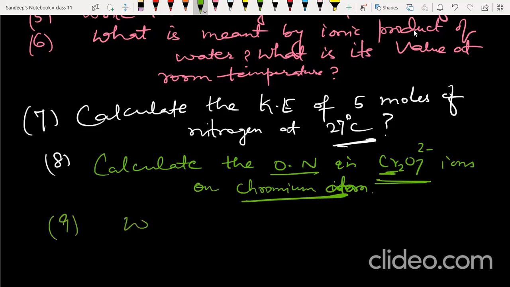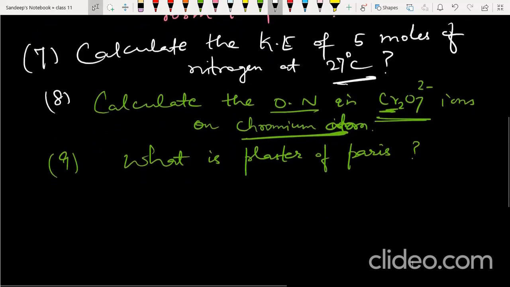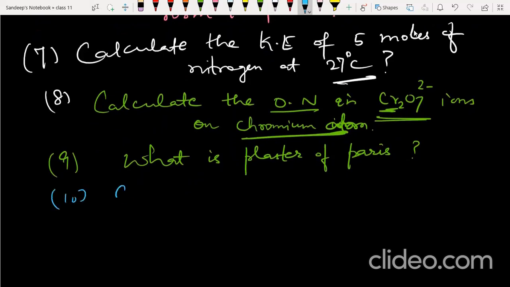Next question is, what is plaster of Paris, POP? You have read plaster of Paris, gypsum, etc. Based on that, you have to write the answer. Next question, number 10, give the formula of borazole.